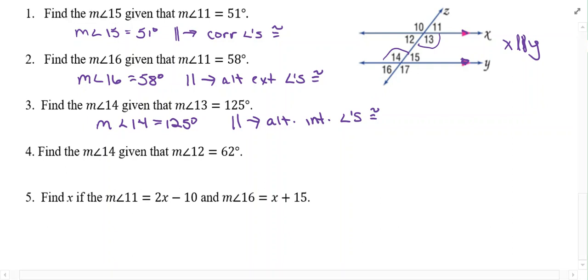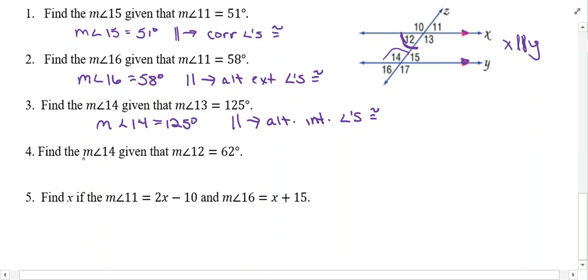For the next one, we again want to find the measure of angle 14, but this time we're given that the measure of angle 12 right here is 62 degrees. Angle 12 and 14 are consecutive interior angles. Since x is parallel to y, they are supplementary.